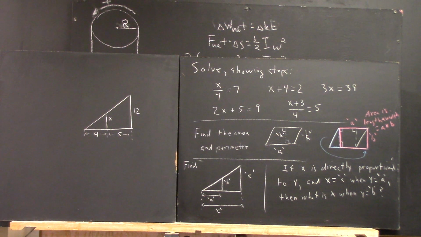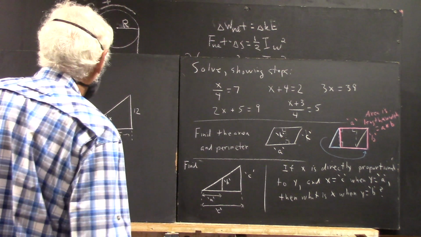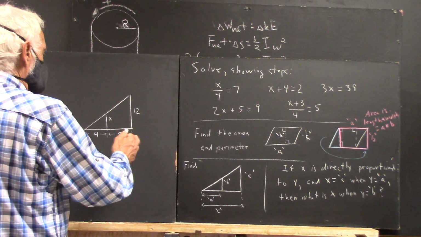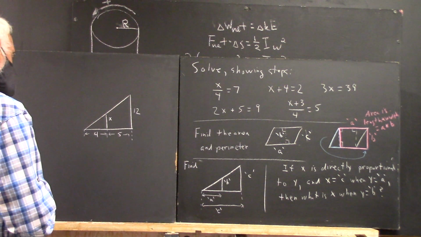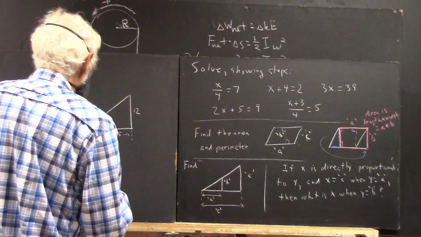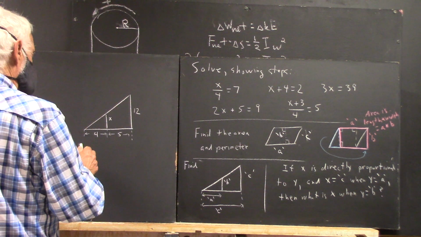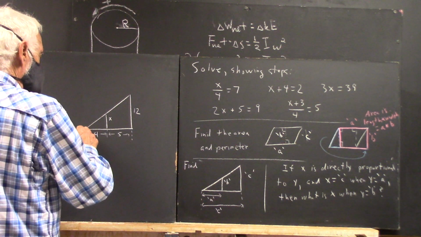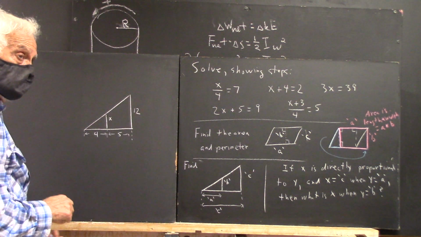Since people had trouble with this, I'm going to go ahead and tell you. I'm not going to drag it out of you. I'll drag it out of you maybe next time. Okay, well, here we have it. What we can say is this little triangle here is similar to this big triangle.